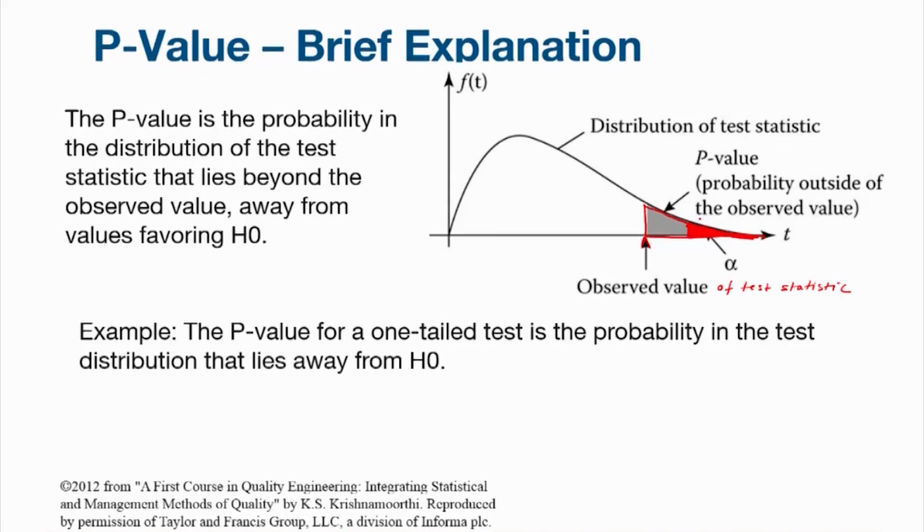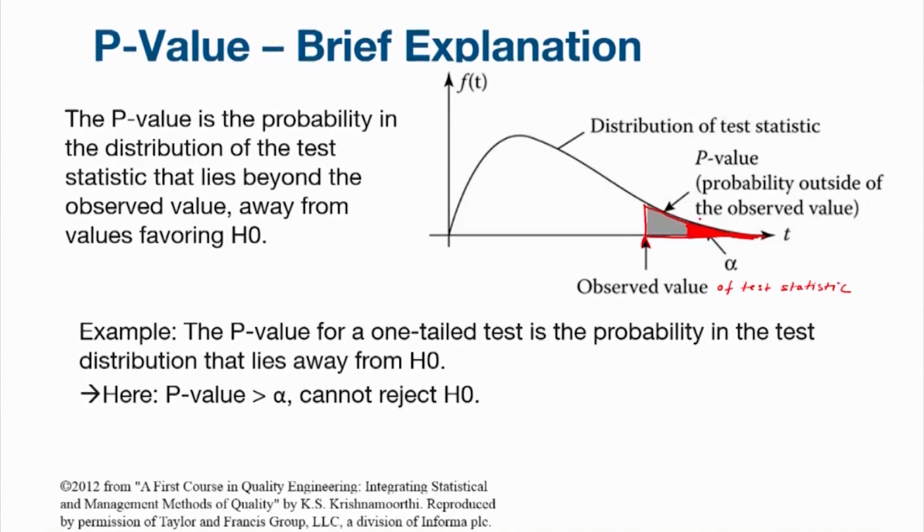So we find the p-value by calculating the probability in the test distribution that lies away from the null hypothesis. And here we see that this area, this probability, is greater than the probability that we've chosen for alpha. And we cannot then reject the null hypothesis.